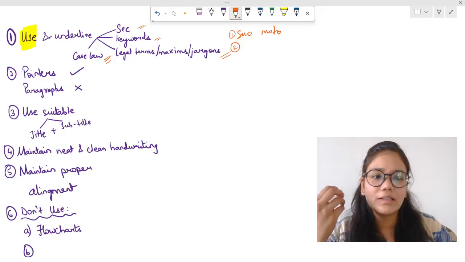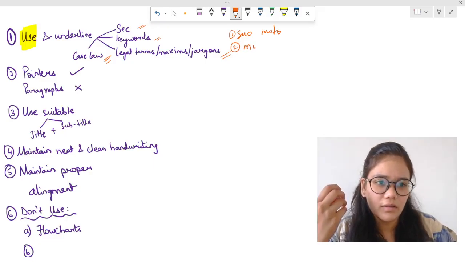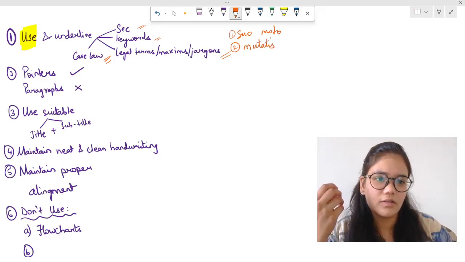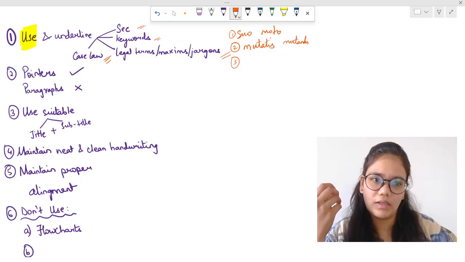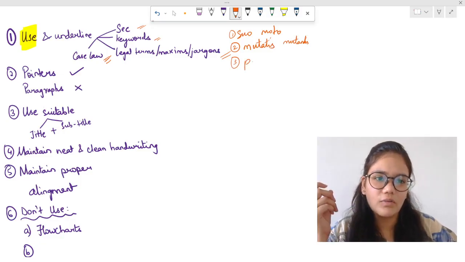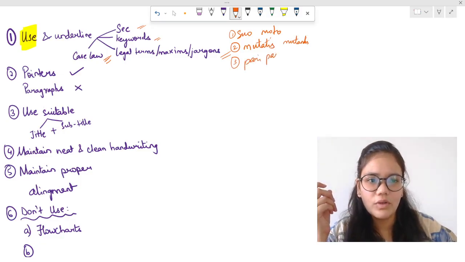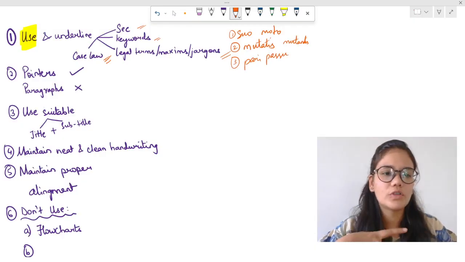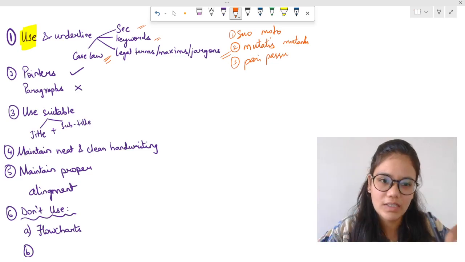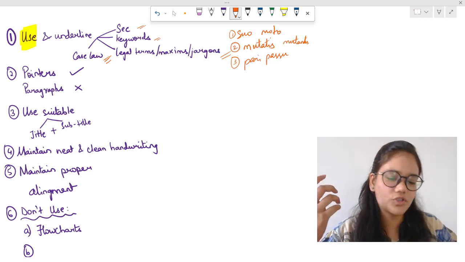You have things like mutatis mutandis. Mutatis mutandis is of the same kind, exactly same. Then you have pari passu, which means equally. So you have to use terms like suo moto, mutatis mutandis, pari passu. This is only an example, but you have multiple such terms.